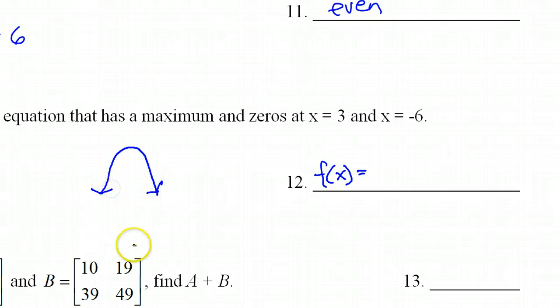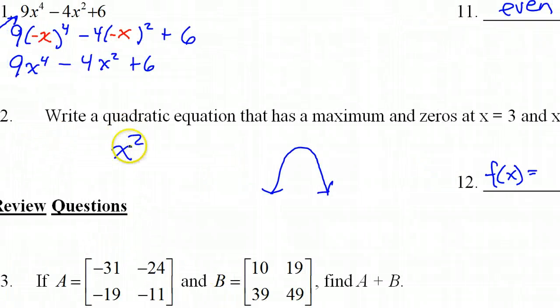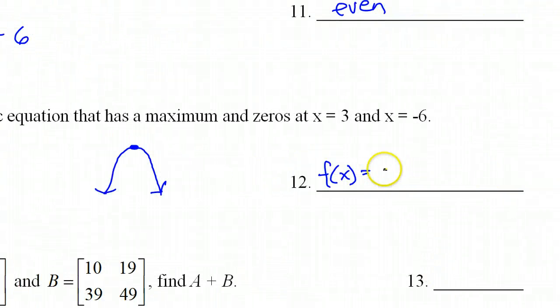I mean, we know quadratic means that if it were written out, it would have x squared as the highest exponent. It's a parabola. And if it's going to have a maximum, it has to be an upside down parabola, so that it has a high point. And if it's going to be upside down, then it would have to have a negative in the front.